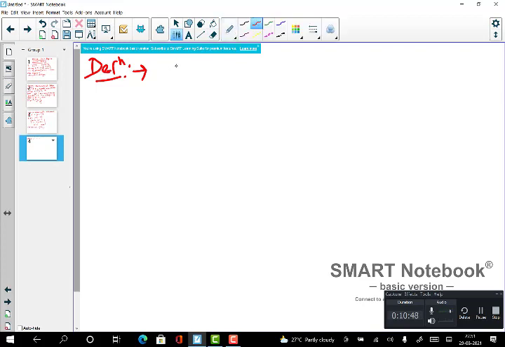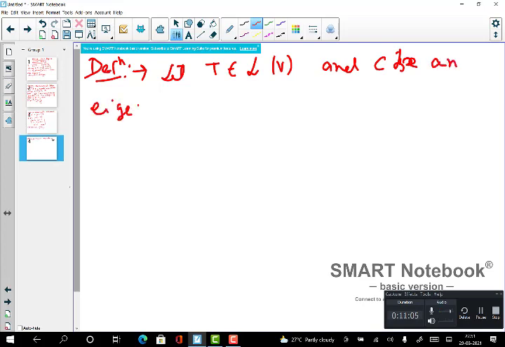Let T belong to L(V), and let c be an eigenvalue of T over the field F. Then we define something called algebraic multiplicity.